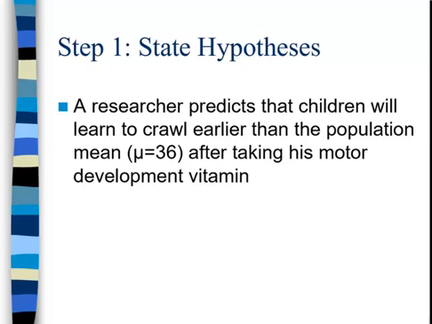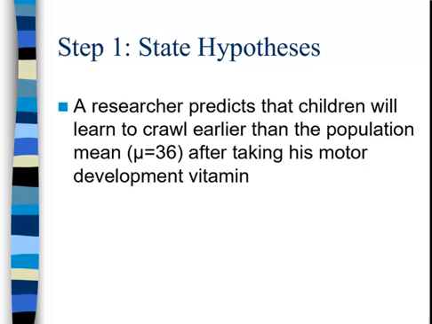So there's a prediction here, and that prediction has a direction. Let's think about what this means. Learn to crawl earlier, that's the key. You should think about this as you're reading these scenarios and trying to figure this out.